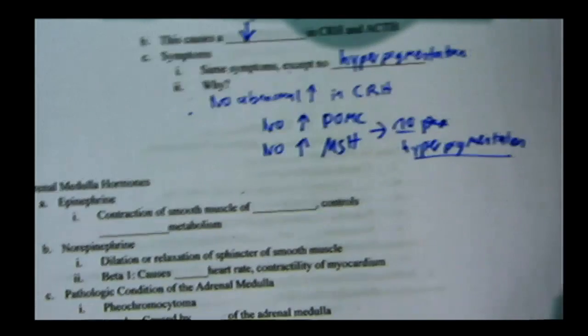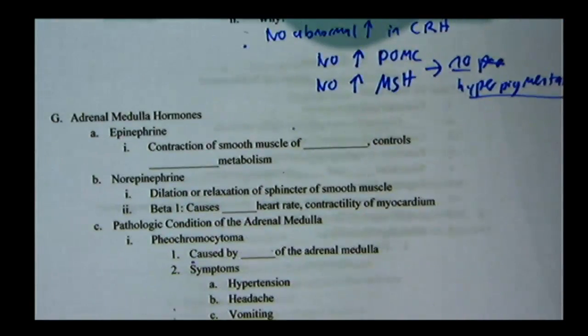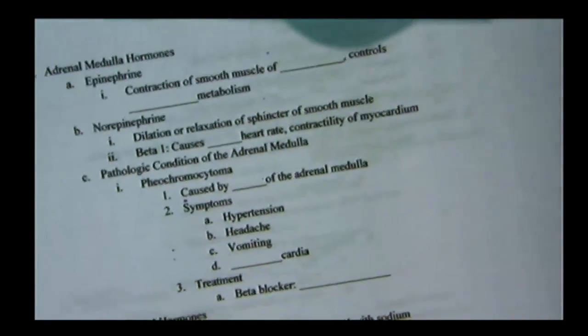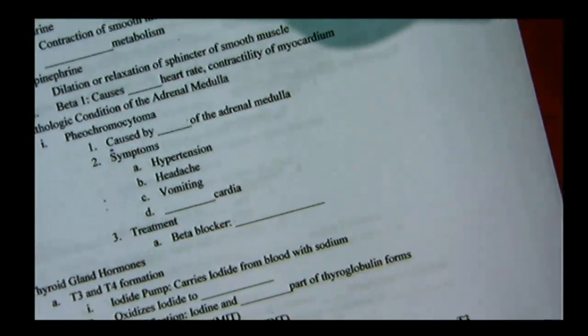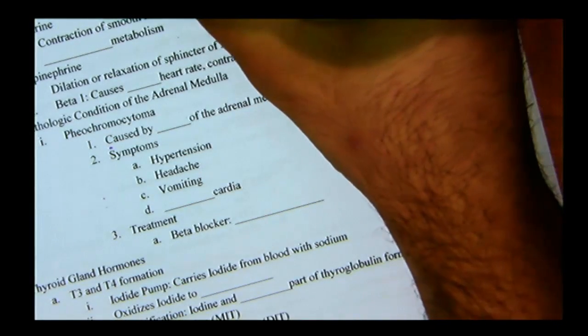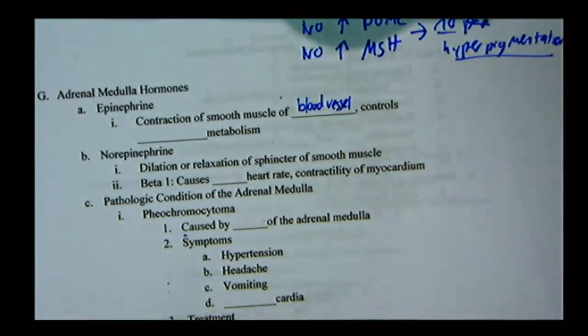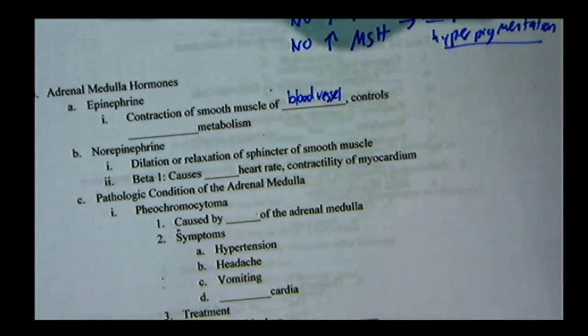All right, now we're at the adrenal medulla. So we have epinephrine. So epinephrine causes a contraction of smooth muscle of blood vessel, and controls glucose metabolism.